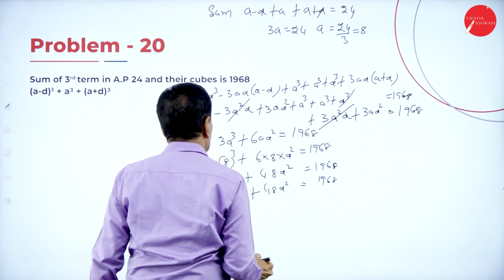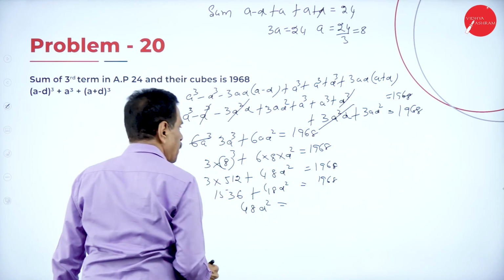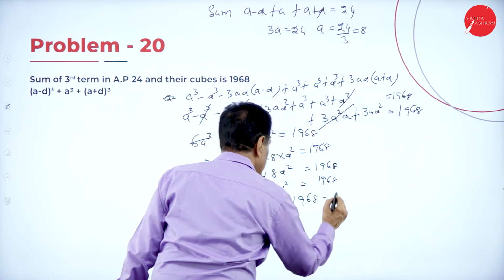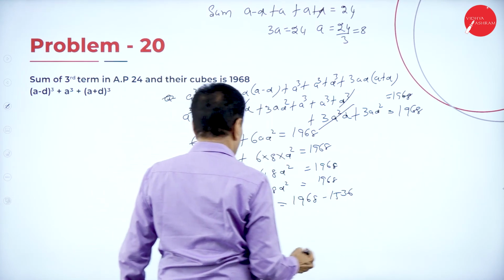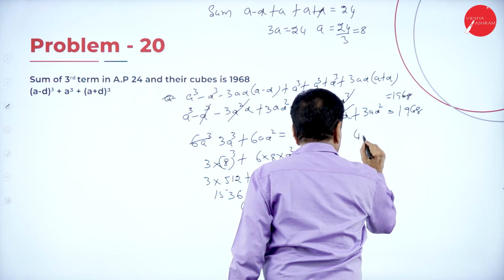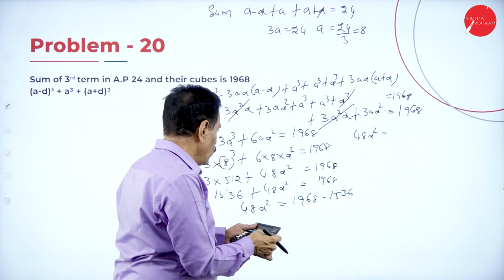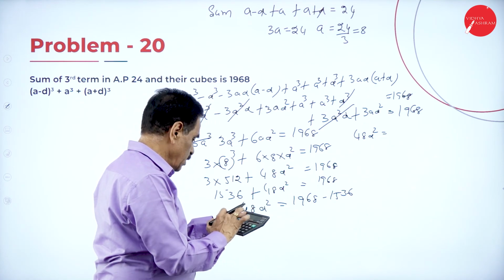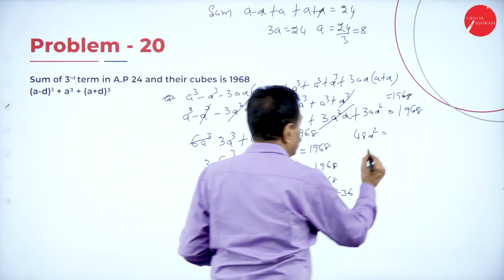1536 plus 48 D square is equal to 1968. So 48 D square is 1968 minus 1536, which is 432.